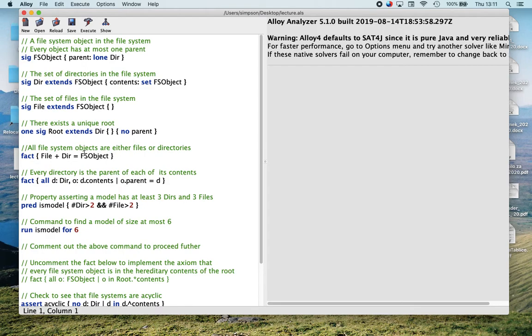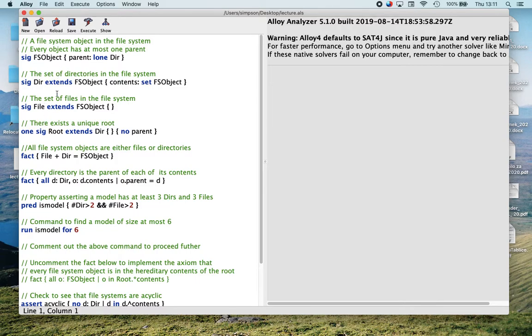So now all file systems are either files or directories. So there's a neat way of saying that in the language of Alloy. So although we've been writing them as axioms in predicate logic, it's considered as just simply specifying the signature in Alloy.